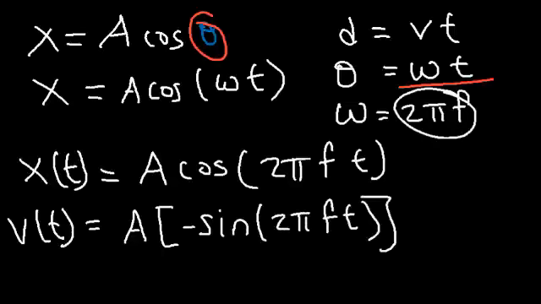And then you have to differentiate the nested function, or the inside part of sine, which is 2 pi f t. The derivative of 2 pi f t is simply 2 pi f. t is the variable that you're differentiating with respect to. The derivative of 5x is 5. The derivative of 9x is 9. The derivative of 8t is 8. So the derivative of 2 pi f t is 2 pi f.